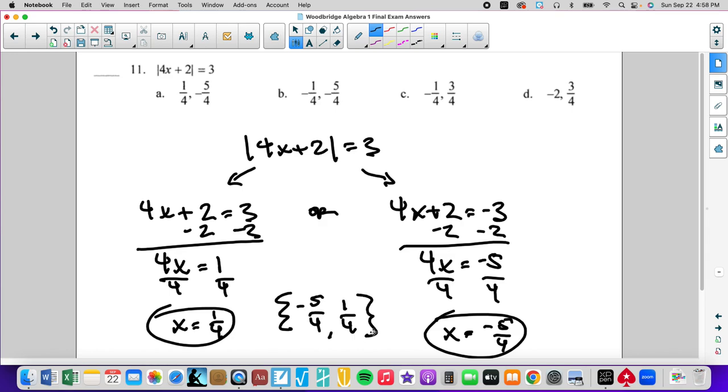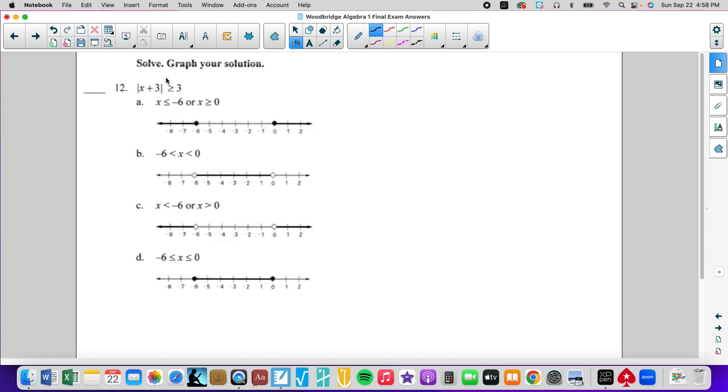And unfortunately, these solutions are not very nice. They are not in numerical order, even though it is A. So we could check by plugging in 4 times negative 5/4 gives us negative 5 plus 2 is negative 3. The absolute value of negative 3 would produce positive 3. So you could check also.